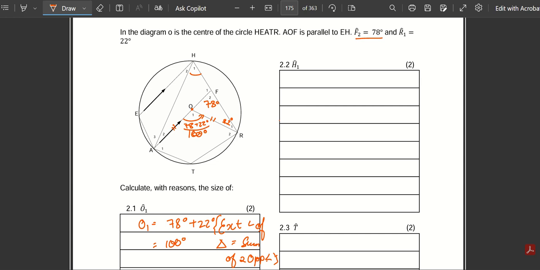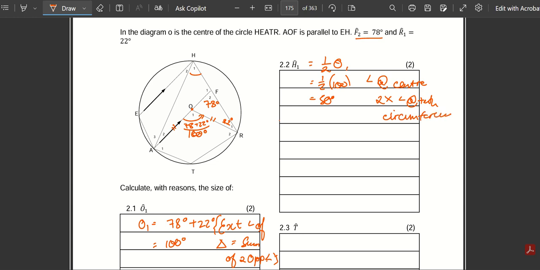So that one is going to be half of 100. So we would say H1 is equals to half of O1. That is my statement. So half of 100 is equals to 50 degrees. And then our reason here is the angle at the center is 2 times the angle at the circumference.